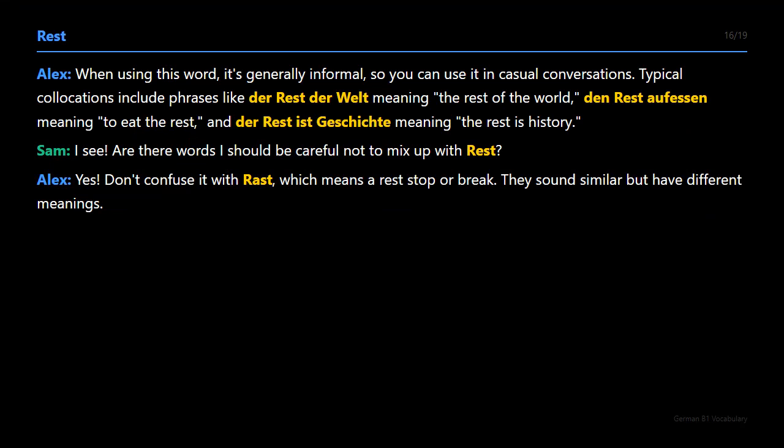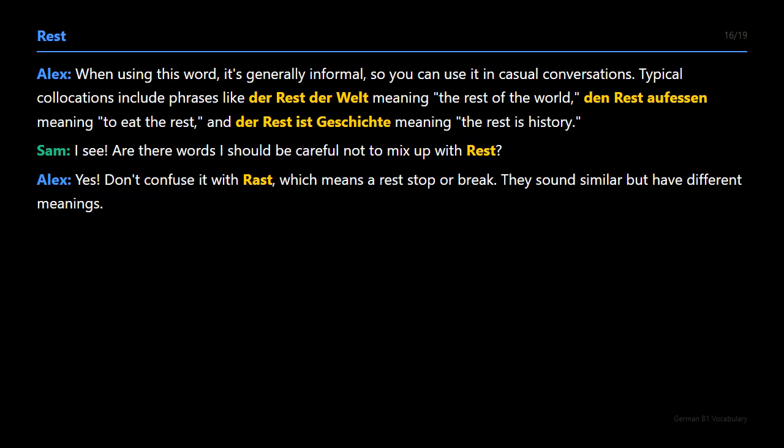Typical collocations include phrases like, Der Rest der Welt, meaning the rest of the world, Den Rest aufessen, meaning to eat the rest, and Der Rest ist Geschichte, meaning the rest is history.